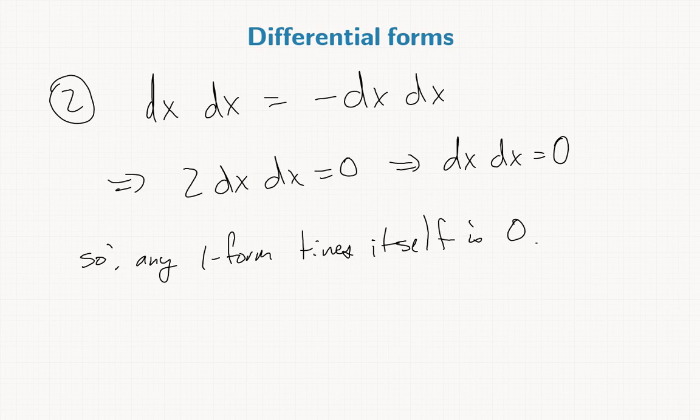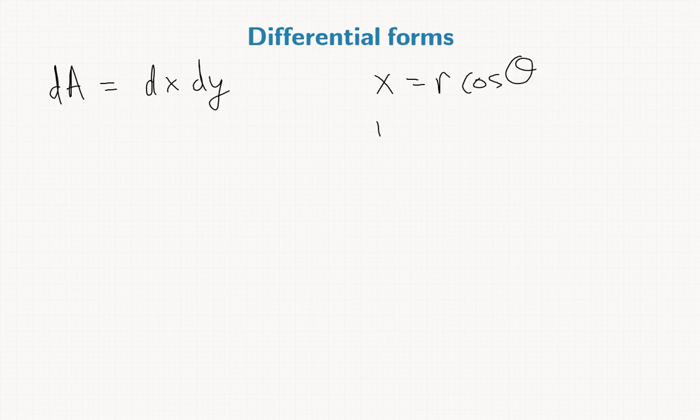Okay, so to apply this to the area, remember our area differential, which is a 2-form, is dx dy. Now our formulas in polar coordinates are x equals r cos theta and y equals r sin theta.